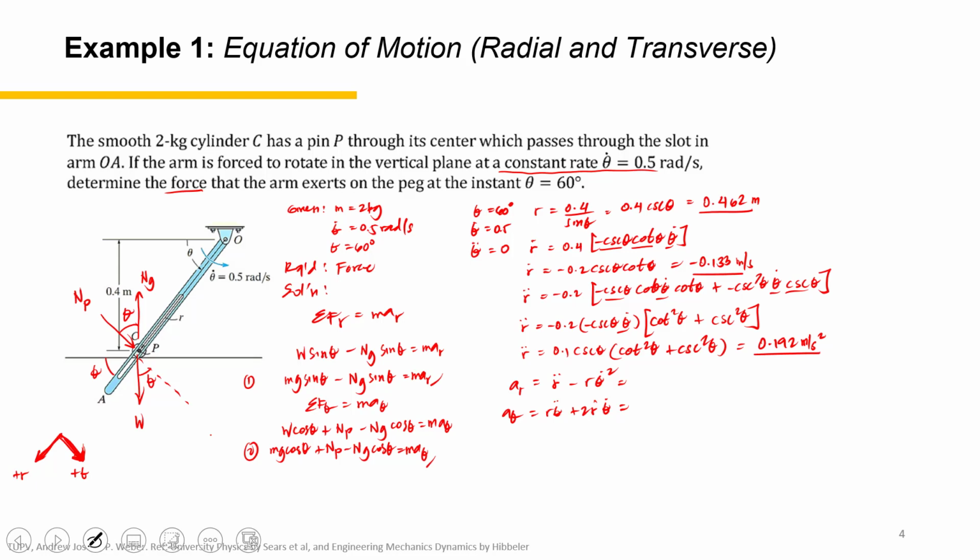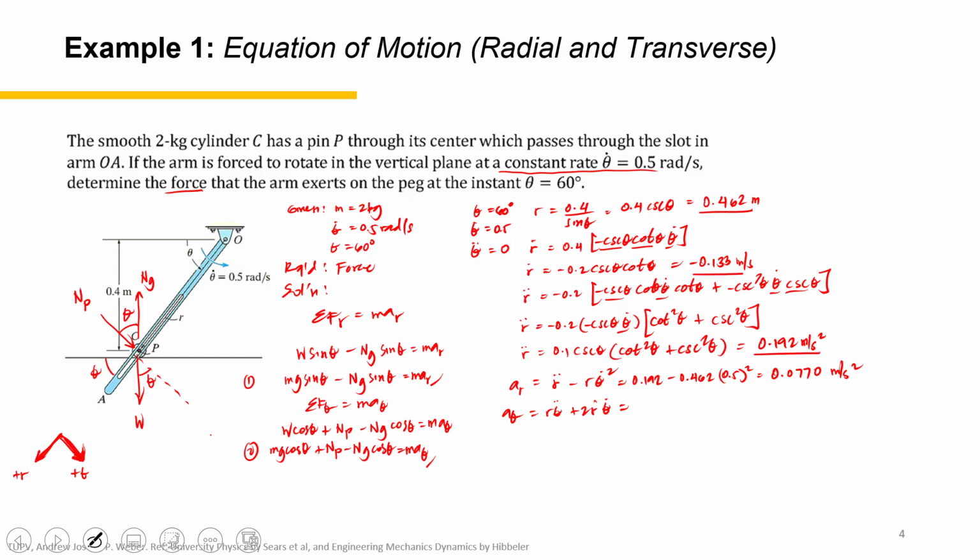Okay, so plugging in the values, A_r would result to r double dot, which is 0.192, minus 0.462 times 0.5 squared. That is equal to 0.0770 meter per second squared.